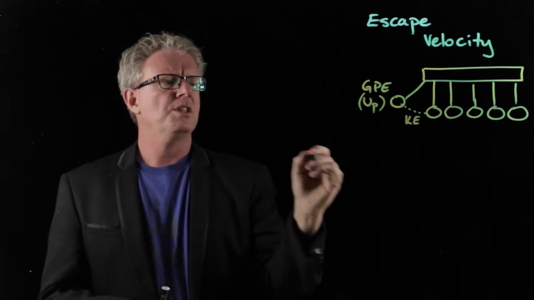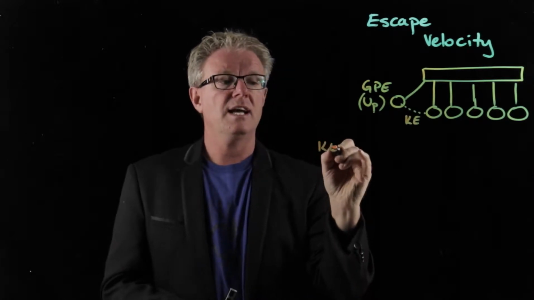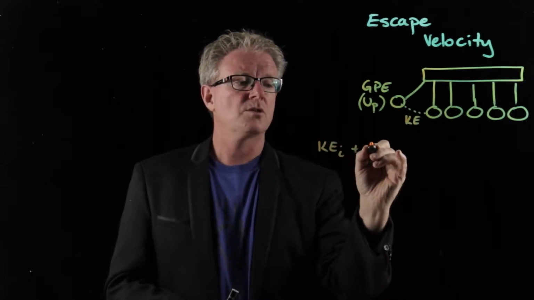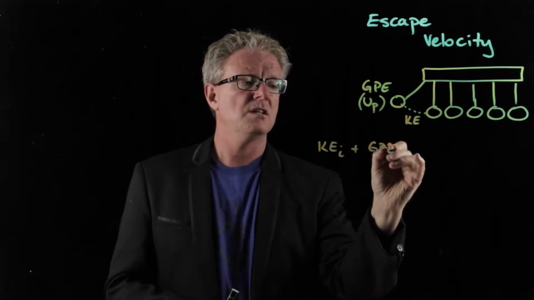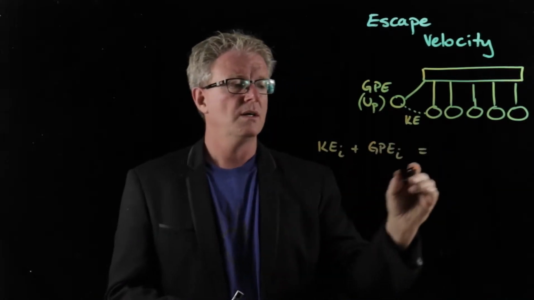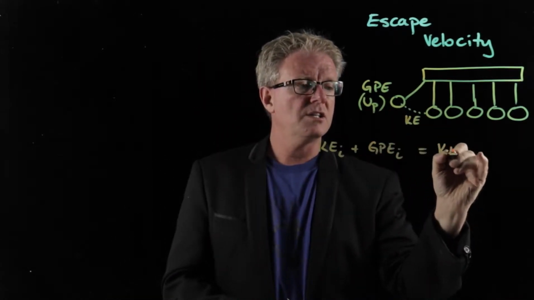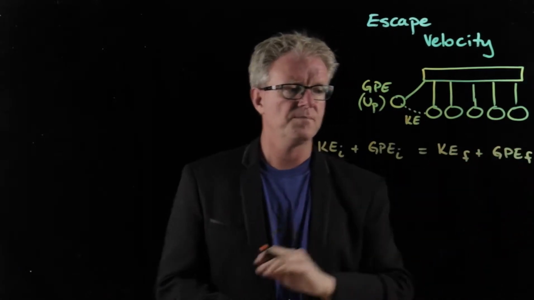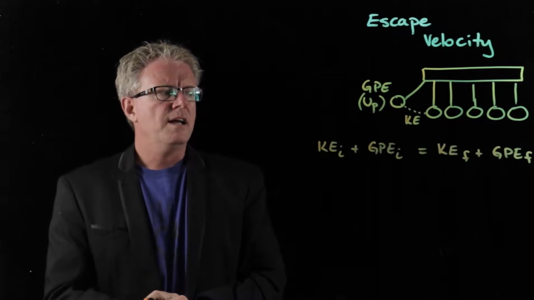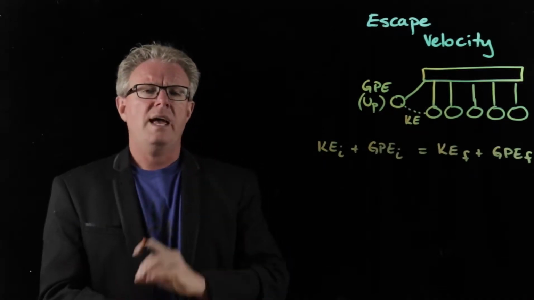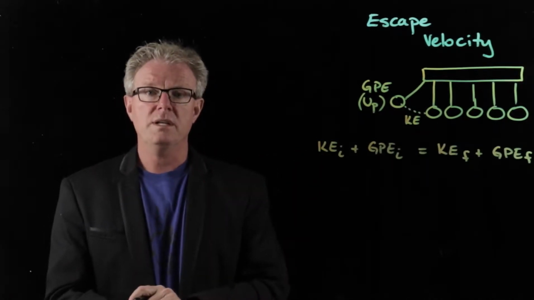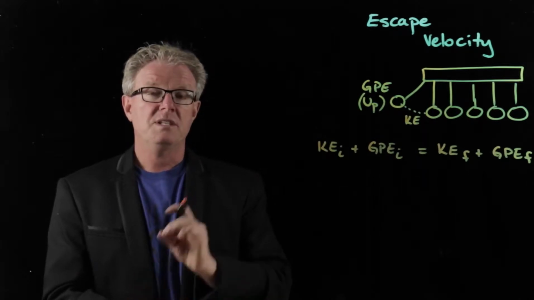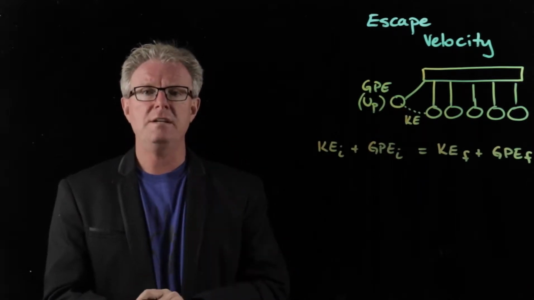So if we think about this, we can say that the kinetic energy initial plus the gravitational potential energy initial is equal to the final kinetic energy plus the final gravitational potential energy. Now, if you remember back to how you defined gravitational potential energy, it is zero at infinity.